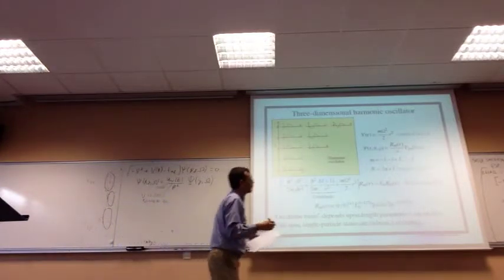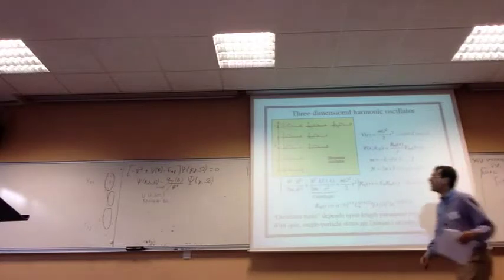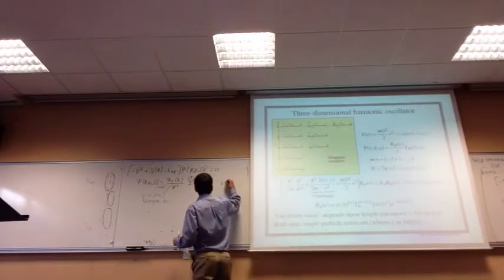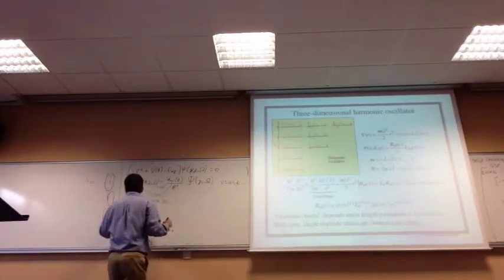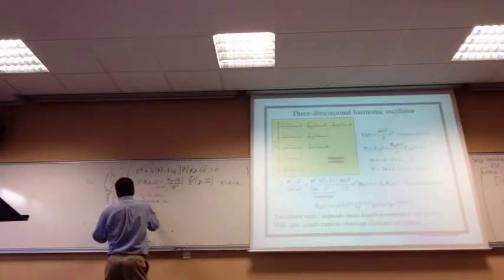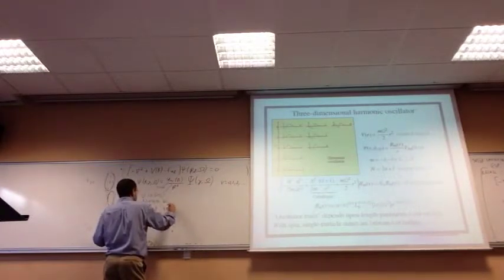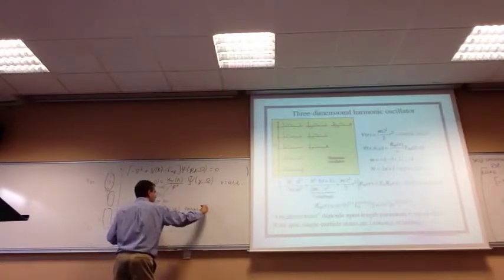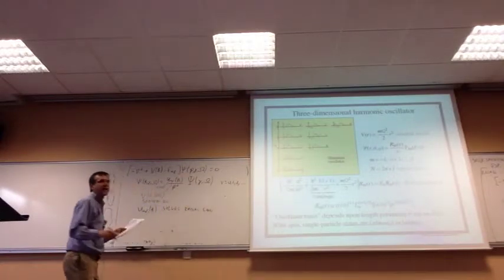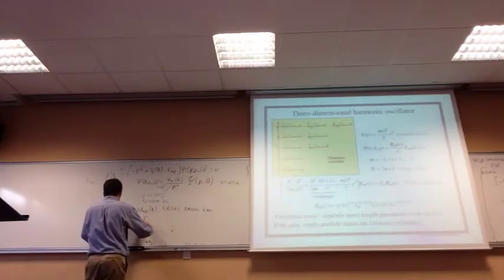And just like before, we had L equals 0, 1, 2, and so on. Here, v will equal 0, 1, 2, and so on. This u_nv of beta solves a radial equation, which in n dimensions is basically the same style of radial equation.